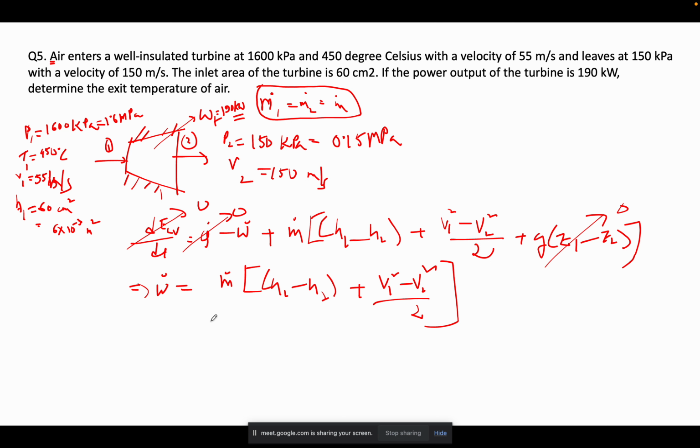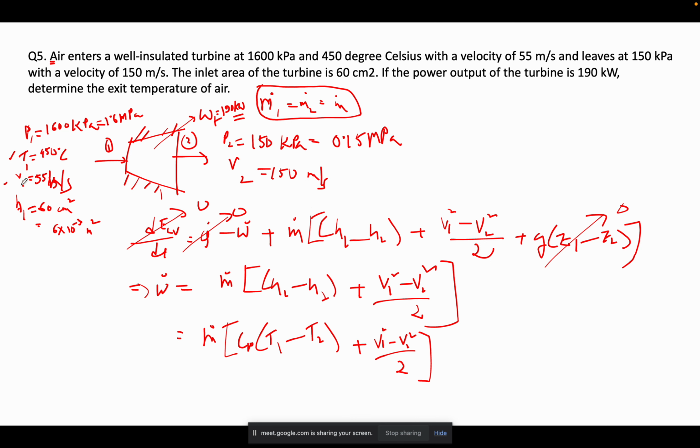Now we know that for an ideal gas, H is nothing but Cp T, so this I can further write as M dot Cp times T1 minus T2, plus V1 squared minus V2 squared by 2. Is it okay till here? Now do I know T1? Yes. Do I know T2? No. I need to calculate T2.